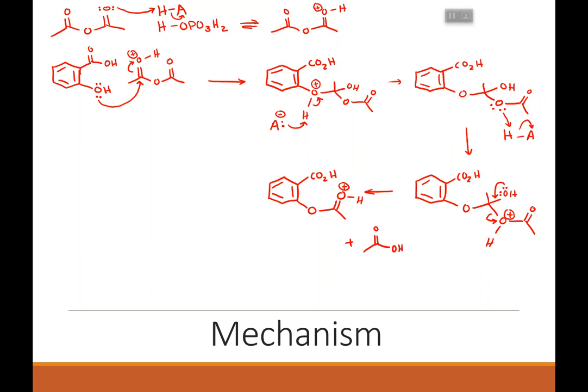And again, now we have to actually remove that remaining proton. And so to do that, we just again use our base, our A- here. I'm going to grab this proton, pushing these electrons back to the oxygen in that carbonyl.